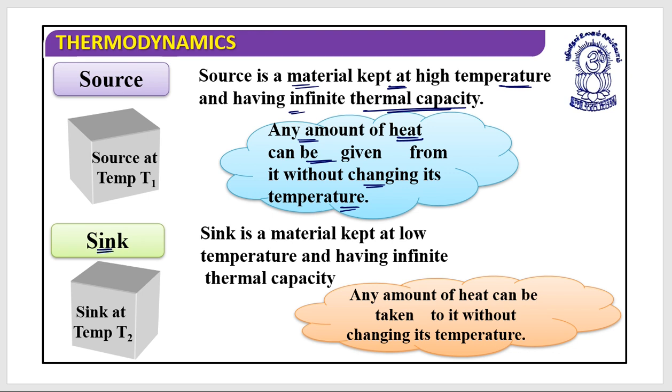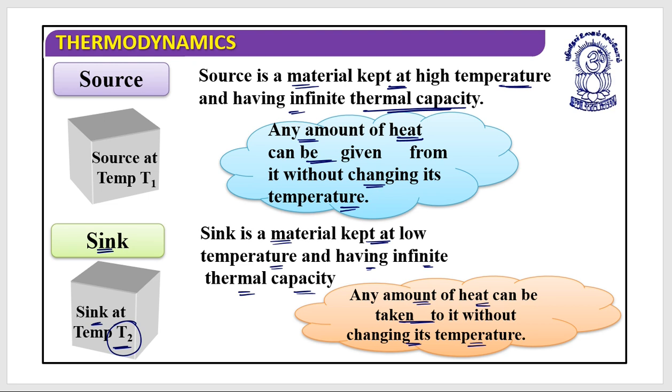Let's understand what a sink is. We can say a sink is a material which is kept at a low temperature and it has infinite thermal capacity. We keep the sink at temperature T2, and any amount of heat can be given to it without changing its temperature, because this is the place where we are going to dump the energy.